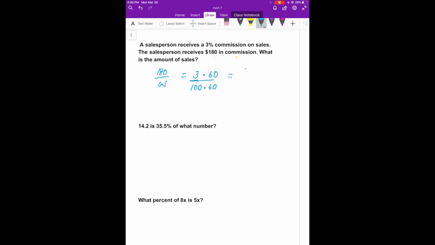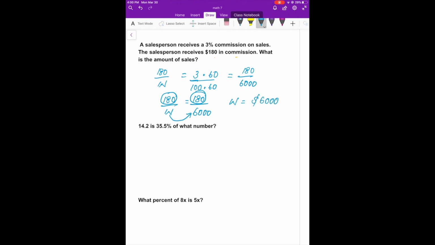That means it's 180 over 6,000. That was easy. So 180 over W is equal to 180 over 6,000. Now since we have the same numerator, W is going to be 6,000.